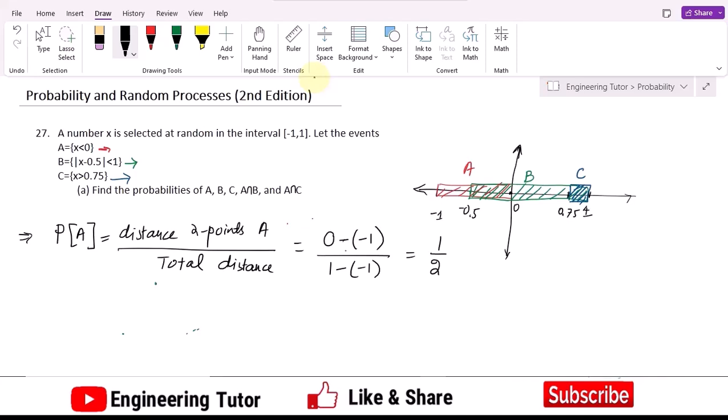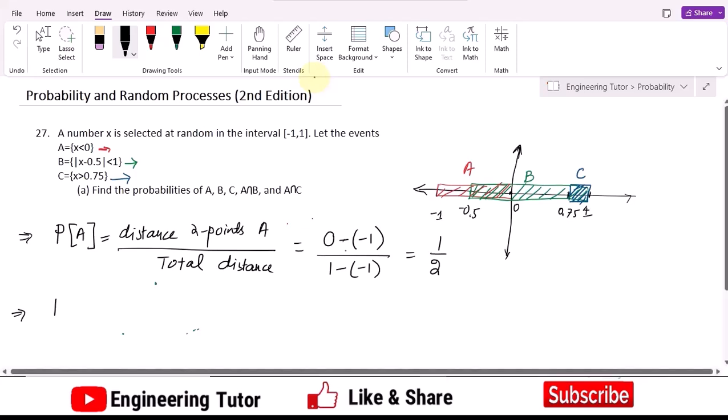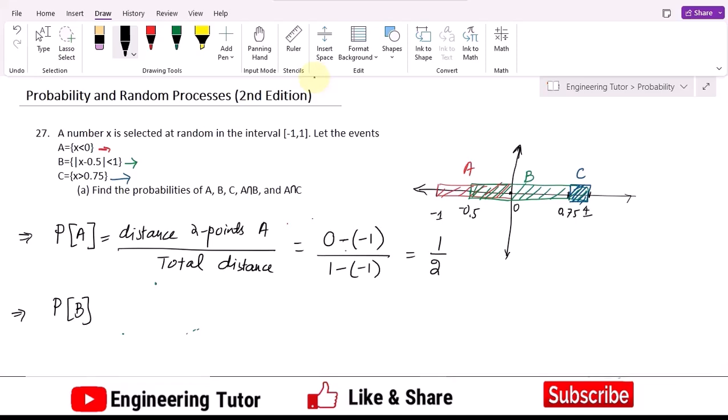Similarly, the probability of B is how much? Using the same formula, that is the distance between 2 points of B divided by the total distance. The total distance will remain the same because that is 2, while the distance between 2 points of B is how much?